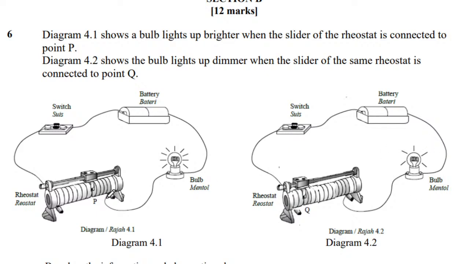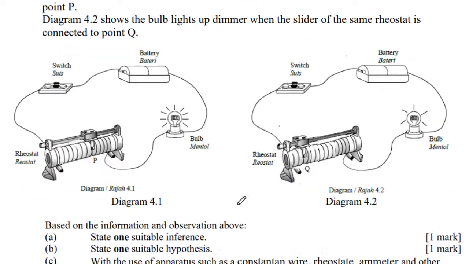Look at this point of the rheostat connected to P, and here connected to Q. So when you slide the rheostat, you actually change the length of the wire, so the length of the conductor. It means that this is something to do with resistance and also length.